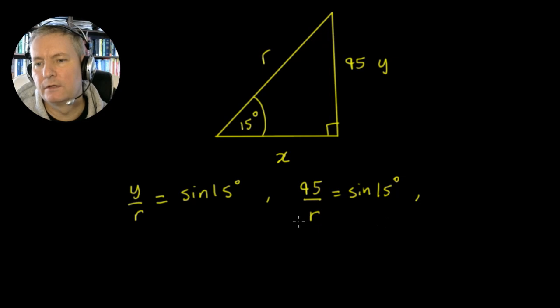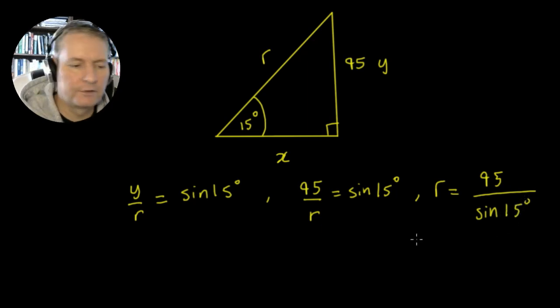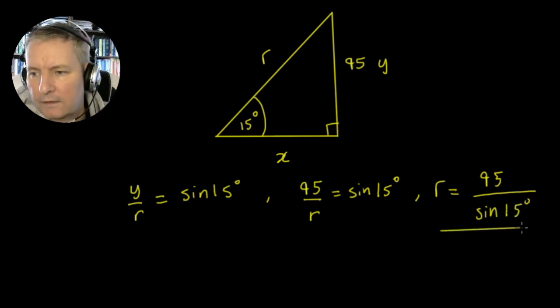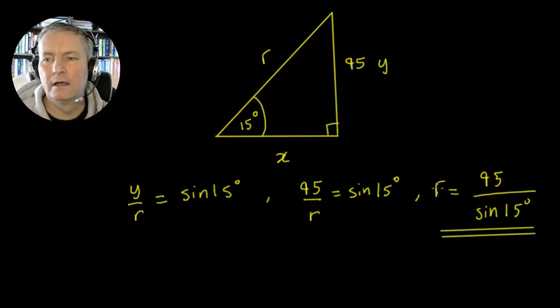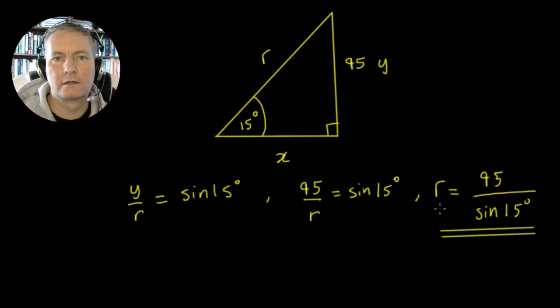So finally what we can say is r is going to equal 95 divided by the sine of 15 degrees. So this is our final answer, and we can put this into the calculator and find the value for r.